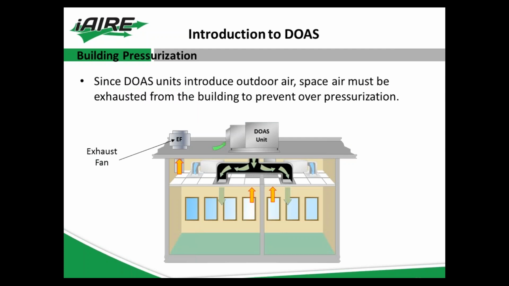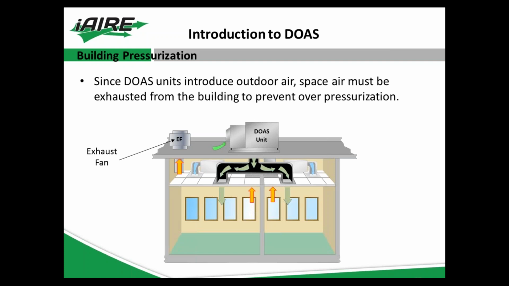So we'll move a little bit into building pressurization. There's a couple different things to consider when looking at building pressurization with a DOAS system. So first of all, you don't want to over pressurize your space, right? So you're introducing, in some cases, a lot of CFM of outside air using this DOAS unit. So either your walls are going to be busting, or you're going to need to exhaust some of that air somewhere.